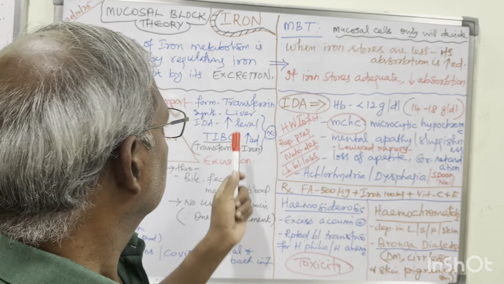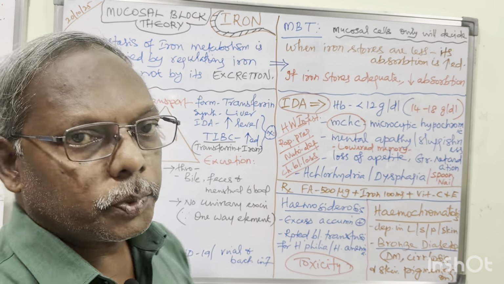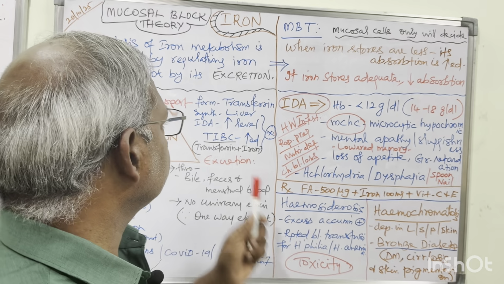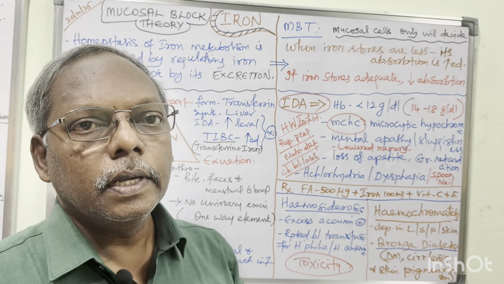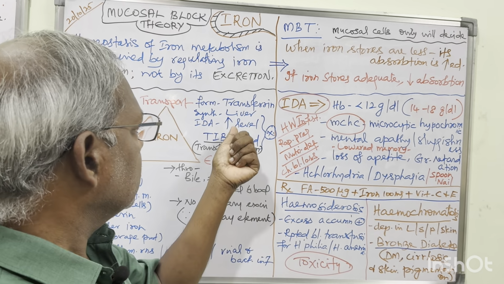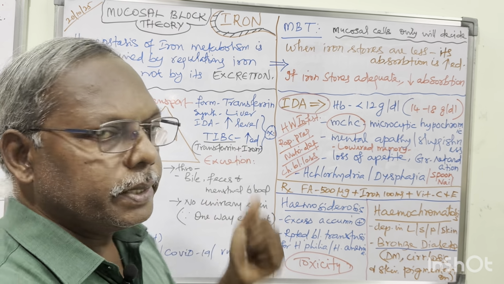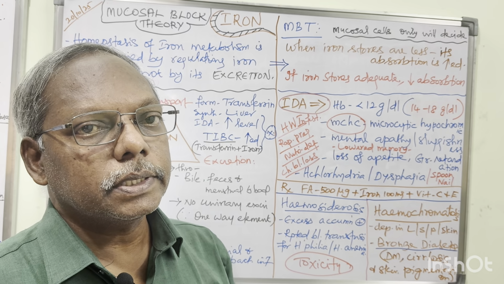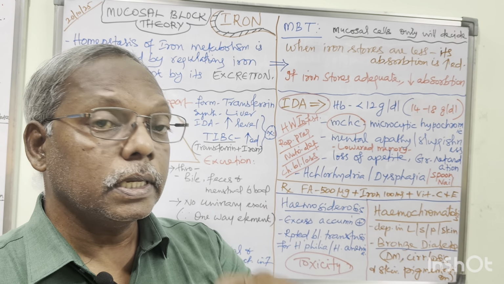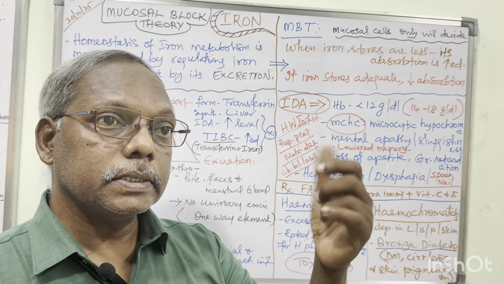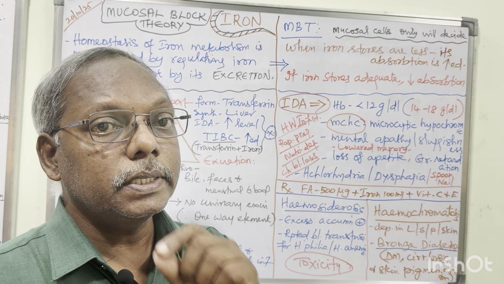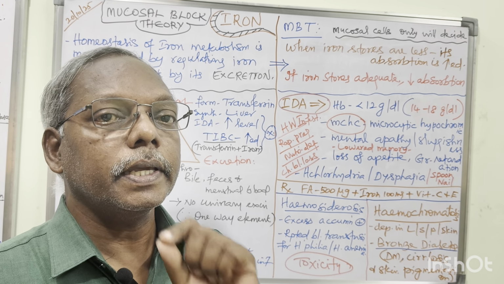Next one is transport. The transport form of iron is transferrin. The name itself, transferrin, is synthesized from the liver. We have one condition, iron deficiency anemia, where the transferrin as well as TIBC, that is total iron binding capacity, both will be elevated. This is one of the important MCQ questions, and sometimes they will ask in a clinical scenario by giving these parameters, TIBC, total iron binding capacity.